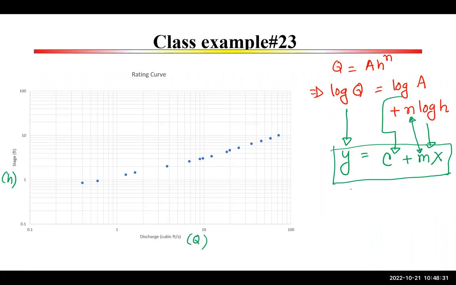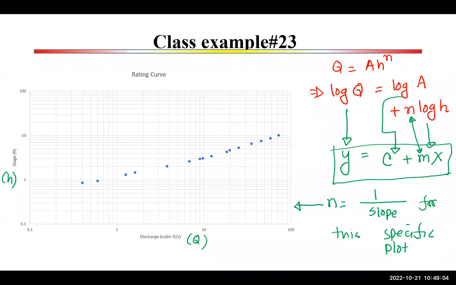But in this case, the N will be 1 over slope for this specific plot. We need to make sure that we understand why we are using N equals to 1 over slope, not the exact slope. That's because this equation was Q equals to something, but if you look at the plotting, it's actually H equals to something, right? That's why we'll do 1 over slope.